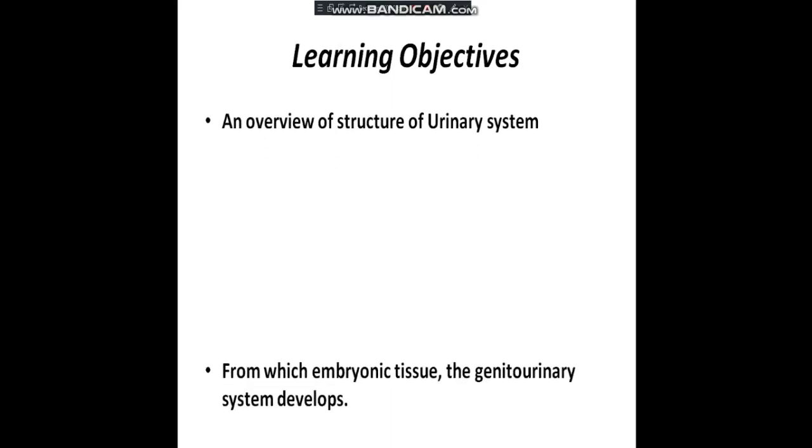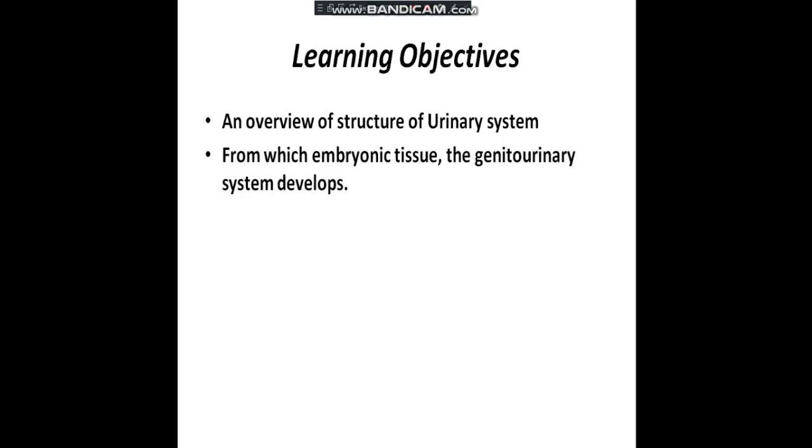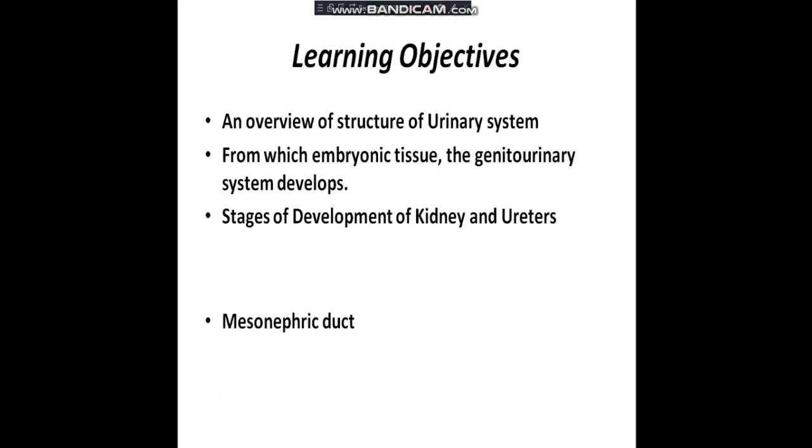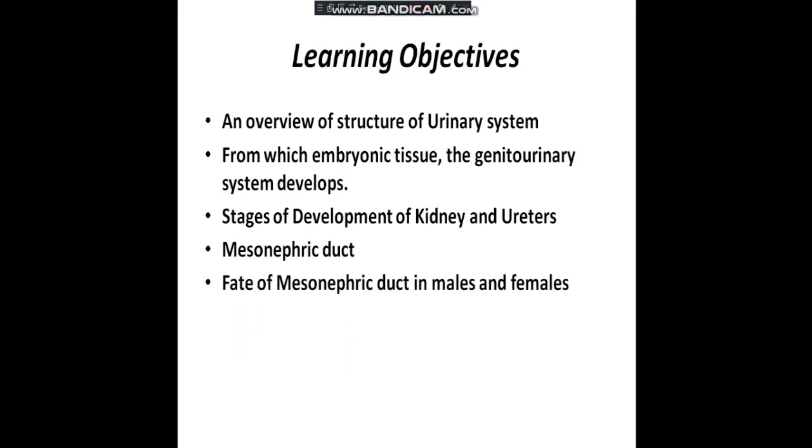So, learning objectives, what we need to know: an overview of structure of the urinary system; from which embryonic tissue the genitourinary system develops; the stages of development of kidney and ureters; the mesonephric duct, and what happens to it in males and females; and developmental anomalies of kidney and ureters.